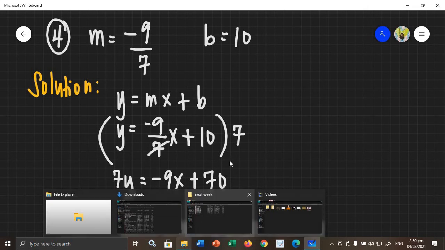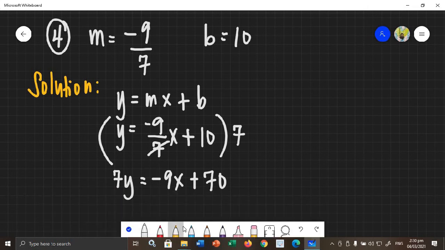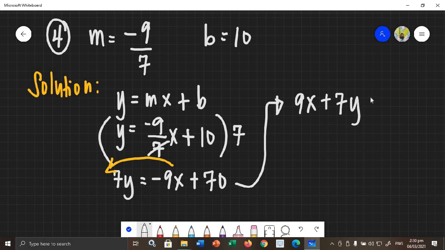Okay? Now, next step is we need to transform this equation into standard form by transposing negative 9x to the left side of the equation. So, si negative 9x, right after natin siya i-transpose, magiging siyang positive 9x. And then we have positive 7y equals positive 70.